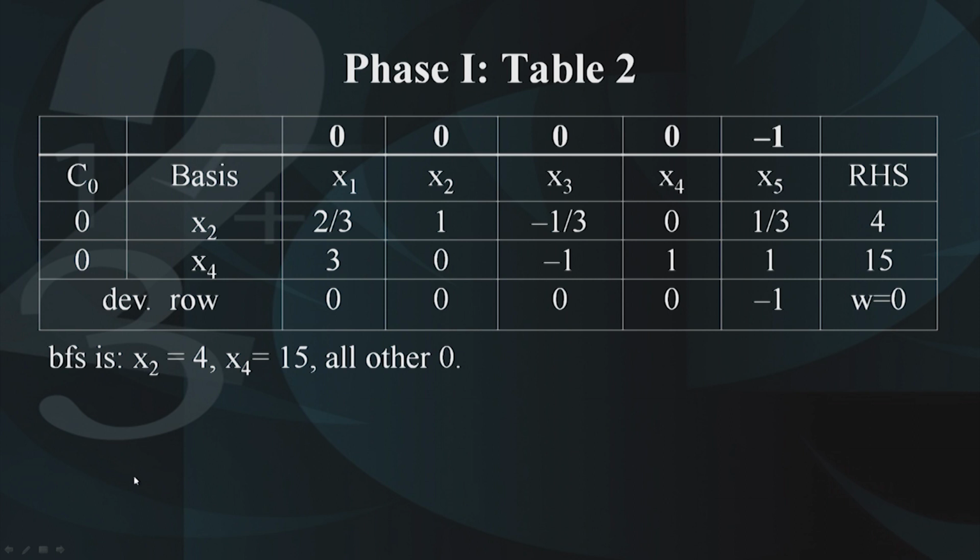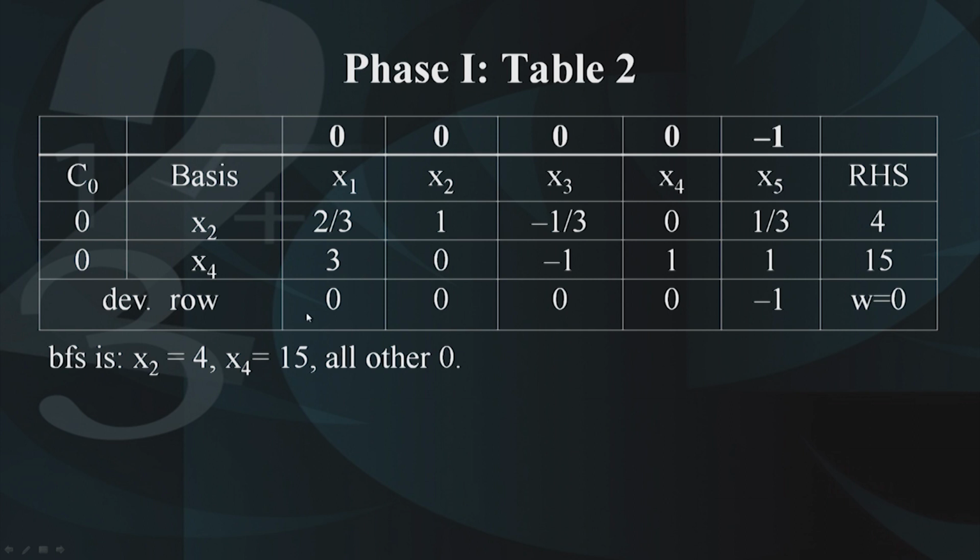We have the two basic variables x2 and x4, and the entries are obtained like this: 2 by 3, 3, 1, 0, minus 1 by 3, minus 1, 0, 1, 1 by 3, 1, 4, 15, and the corresponding BFS turns out to be x2 is equal to 4 and x4 is equal to 15 and all others 0.